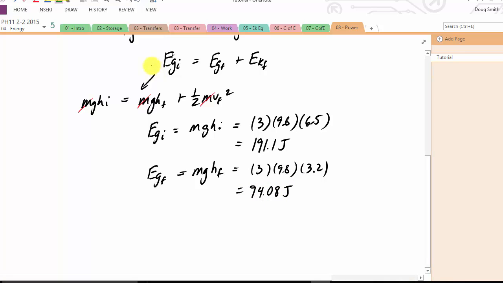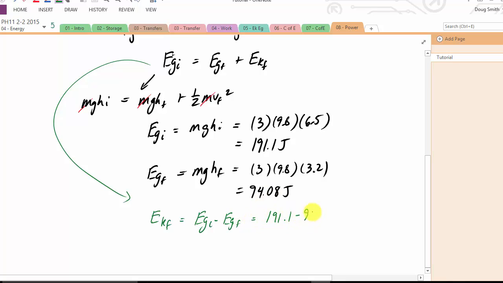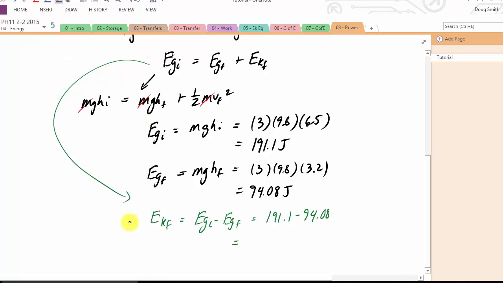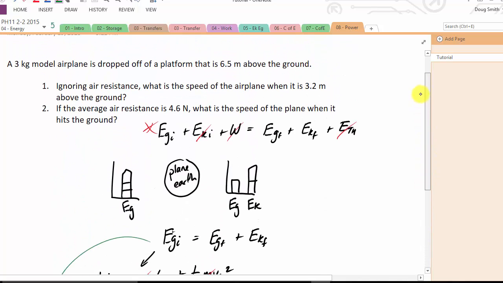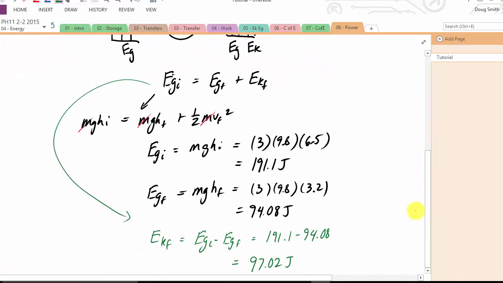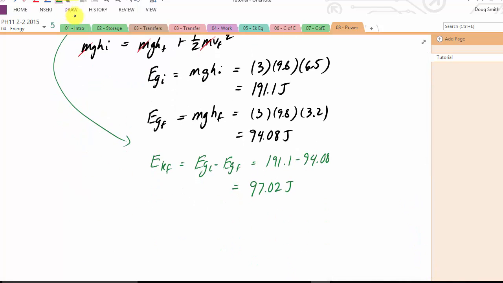Then I can take this equation and solve for E_k final. That's 191.1 minus 94.08, so the kinetic energy is 97.02 joules. That means when the airplane is 3.2 meters above the ground, it still has 97.02 joules of kinetic energy, and it's asking us for the velocity.